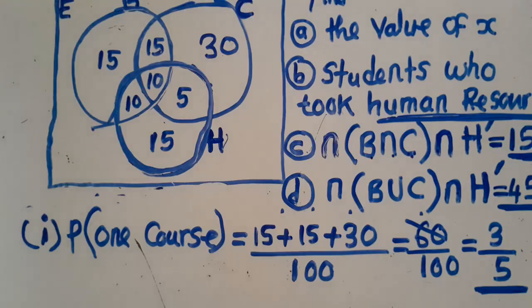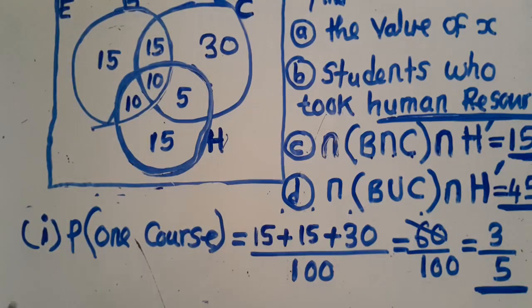You know that answers should range from 0 to 1. This is between 0 and 1. If you divide this on your calculator, you're going to find that it is between 0 and 1.